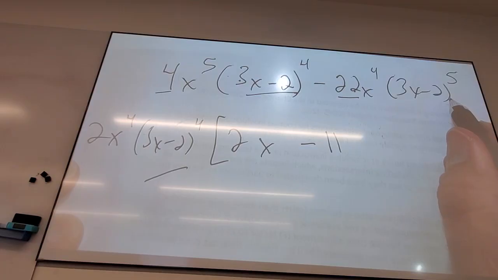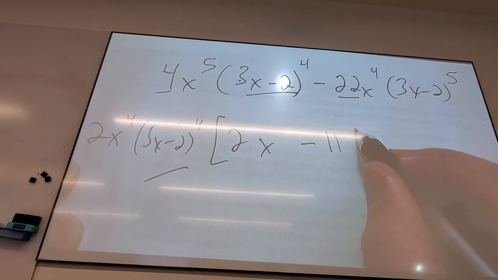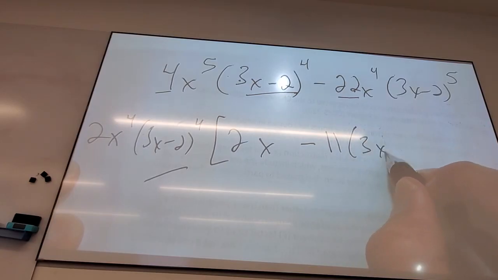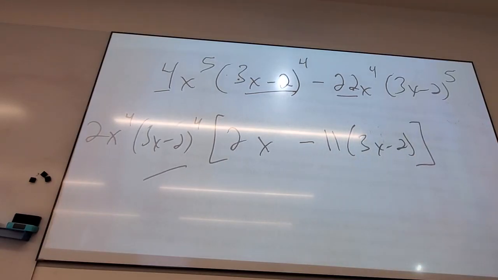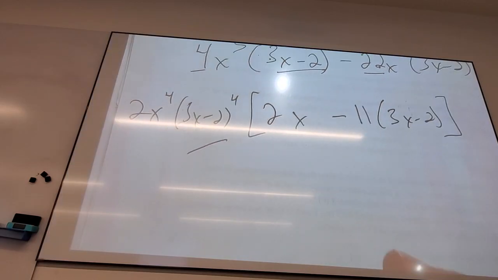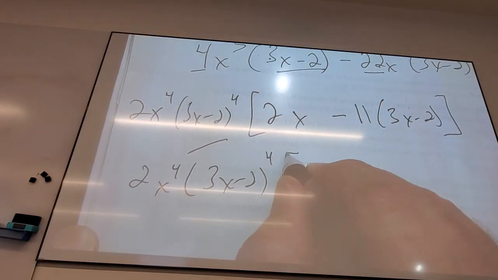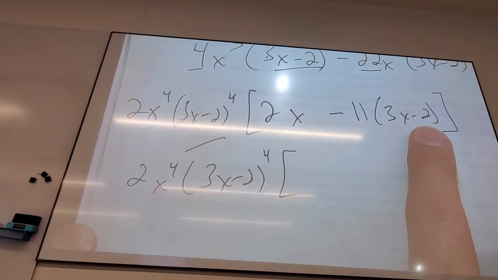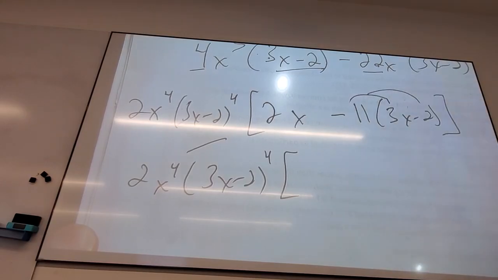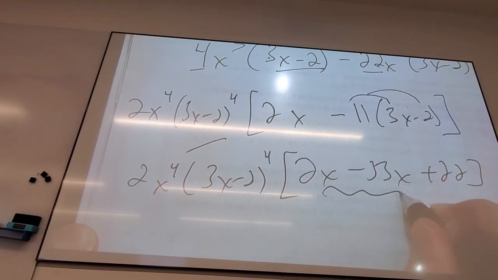Had 5 3x minus 2's. Took 4 of them. So now I have 1 left. And what's the last thing you can do? Can't you do something here? Yeah. So you get 2x minus 33x plus 22, and then you just combine those and you're done.